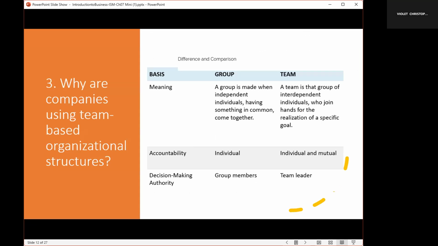Accountability is an important word. When we're organizing, we want to be sure that we know who is accountable for each task. We want to be sure, too, that we know who the decision maker is.